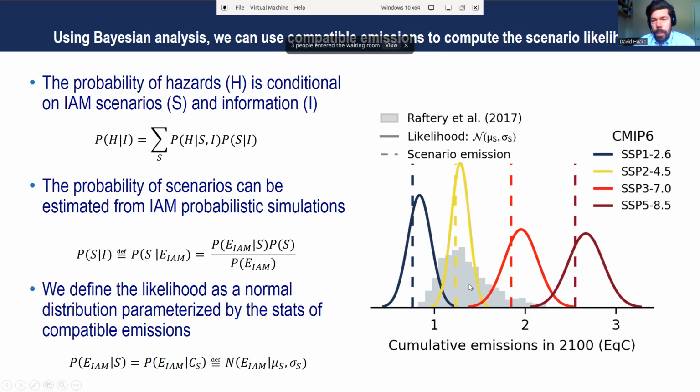So if I have a strong overlap between, here, SSP2 4.5 and the probabilistic emissions in gray, that means that this scenario is more likely, at least according to these probabilistic emission scenarios. And so I can do that for every year and every probabilistic IAM.